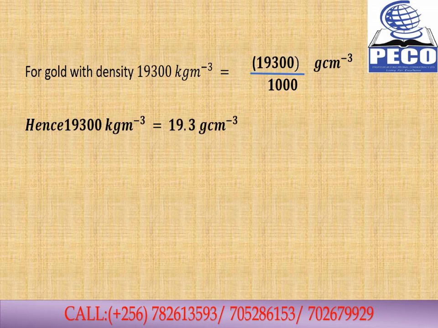Good, 19.3 grams per cubic centimeter. So when you are converting from kilograms per cubic meter to grams per cubic centimeter, you just have to divide and you get 19.3.